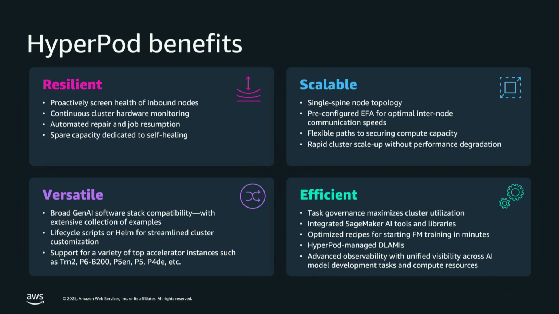HyperPod is an efficient service, very efficient thanks to the integration with task governance capabilities, which help you allocate the compute resources across teams, defining priorities, and we're going to demo that as well. It also integrates with observability solutions like the managed Prometheus and Grafana stack on AWS.